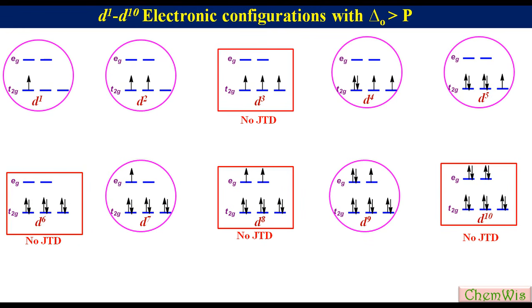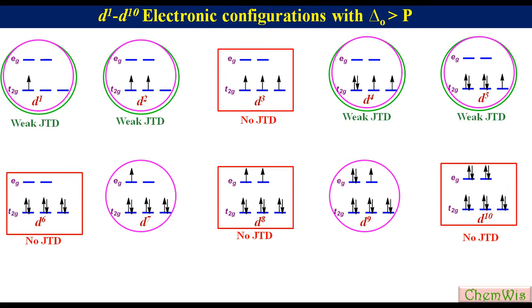Among these, d1, d2, d4 and d5 with unsymmetrically filled t2g orbitals will show weak Jahn-Teller distortion, while d7 and d9 with unsymmetrically filled eg orbitals will show a strong Jahn-Teller distortion.